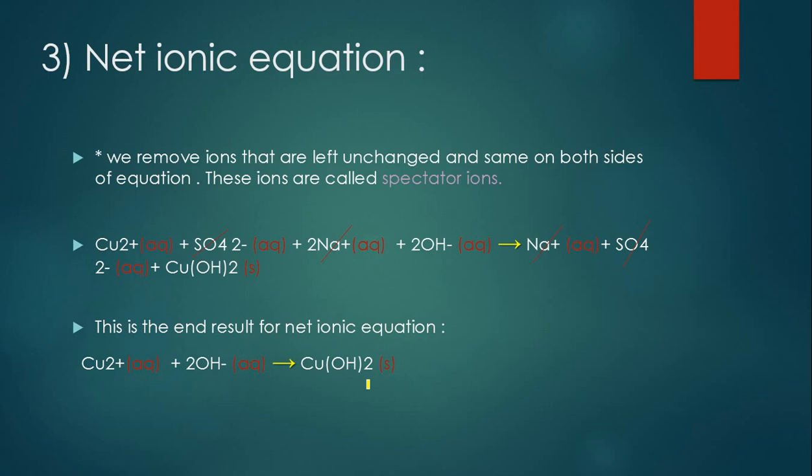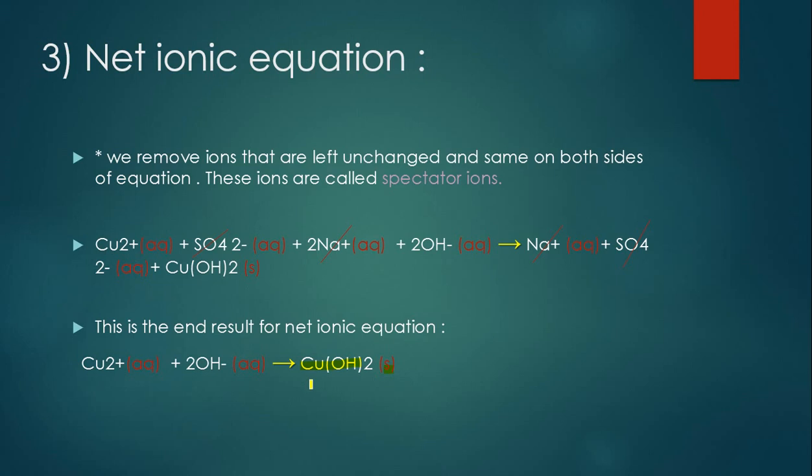A little note there again: this copper hydroxide is left in the equation because it was a solid, and we proved that by referring to the solubility table and all the things I've explained.